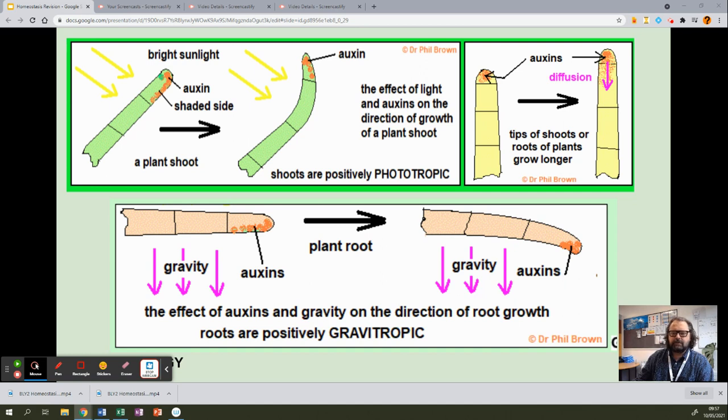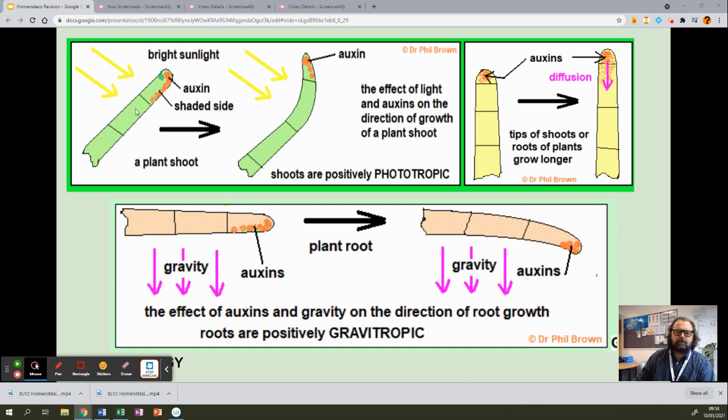So plants are sensitive as well. And two examples shown here. The shoot is sensitive to sunlight, so we know that shoots of plants will grow towards the light that they need for photosynthesis. The shoot bends because of the uneven distribution of auxin.